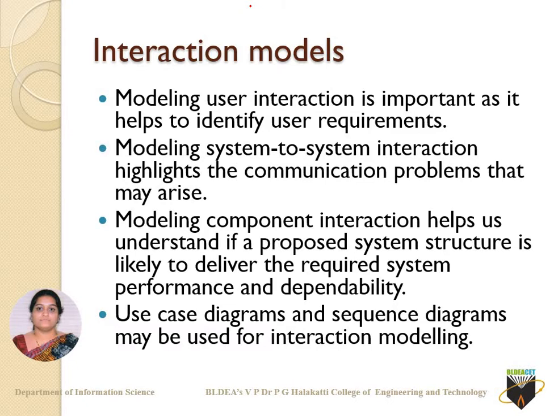It also models system-to-system requirements, highlighting the communication problems that can arise. All these things are identified and dealt with in your interaction model. Ultimately, if a proposed system structure is likely to be delivered, the required system performance and dependability can be assessed through this interaction model.